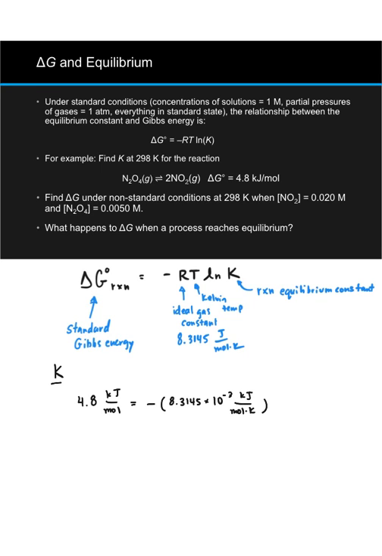We're told that this reaction occurs at 298 K. So we're going to solve for our equilibrium constant, K. The first thing that we'll need to do is divide both sides by negative 8.3145 times 10 to the minus 3 times 298. So I will take this whole quantity over to the left-hand side.